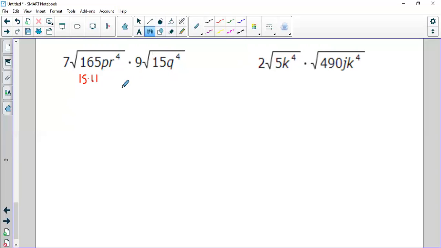So let's do some procedural stuff here. Let's multiply the coefficients. 9 times 7 is 63. Then inside my radical, I've got 2 15s, which makes a 225.